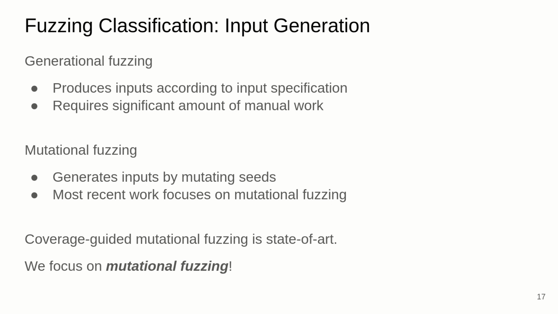So seeds that have been determined to be interesting before are slightly mutated by, for example, flipping a couple of bits, bytes, introducing new keywords, combining different seeds and whatnot. Most of the recent work focuses on mutational fuzzing because it has been proven incredibly effective. And coverage-guided mutational fuzzing is the state of the art. Therefore, we'll focus on mutational fuzzing from here on.